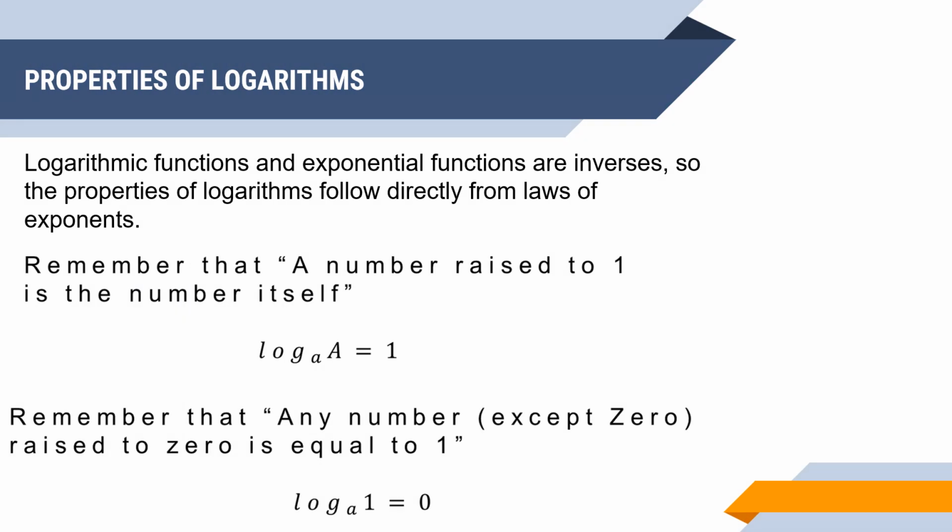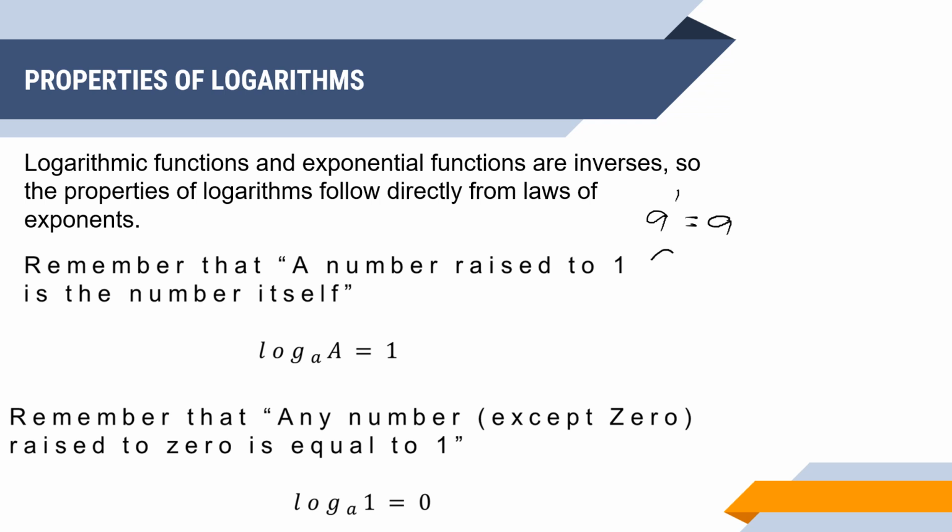Alright, I have here additional properties of logarithms. Remember, in our exponents, a number raised to 1 is the number itself. So if we have a raised to 1, this is just a.